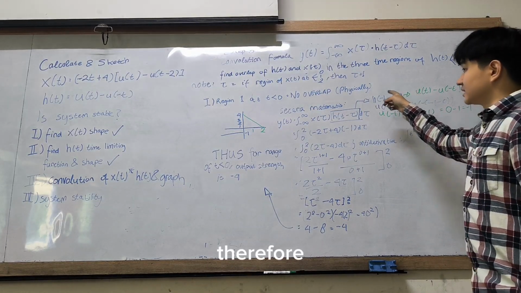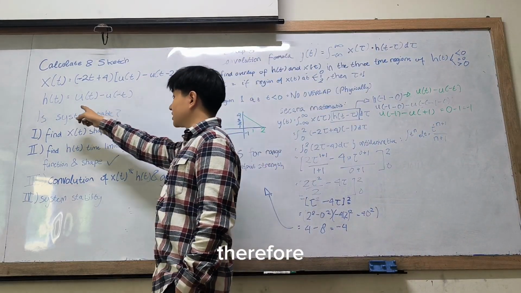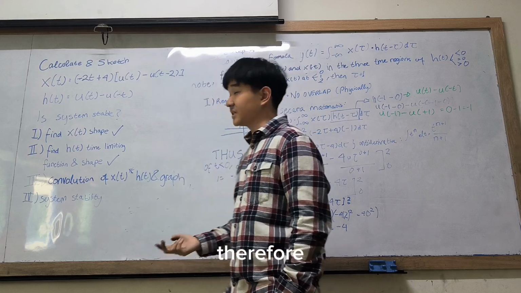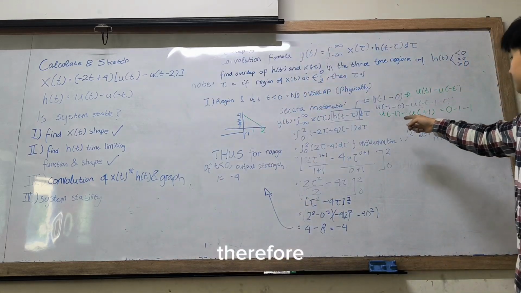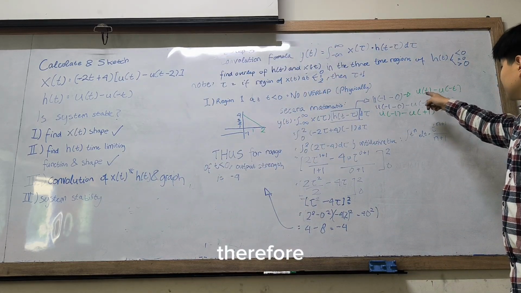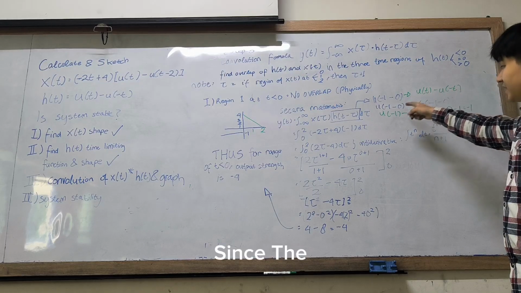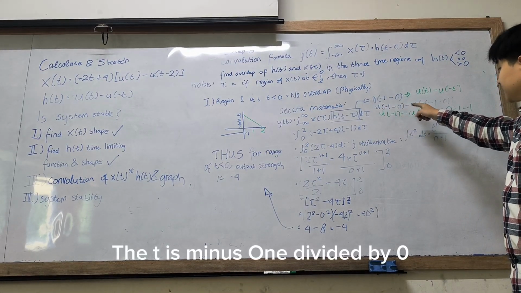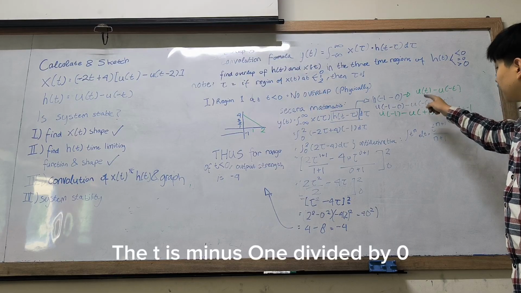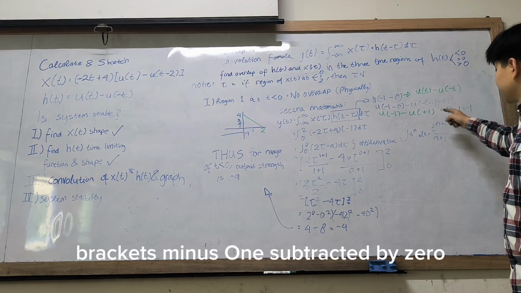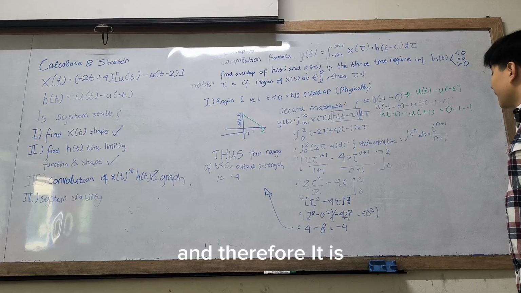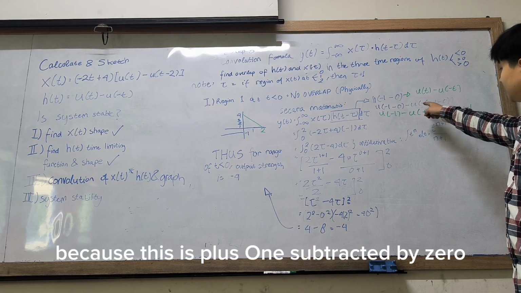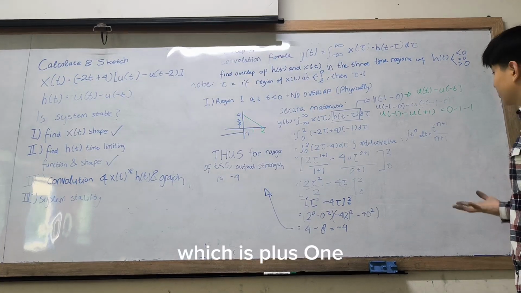Therefore, since the impulse response is equal to the unit step function of t subtracted by the unit step function of -t, we put it here: u(t) minus u(-t). The t is -1, and the minus t is minus brackets -1, and therefore it is u(-1) minus u(1), because this is plus 1.